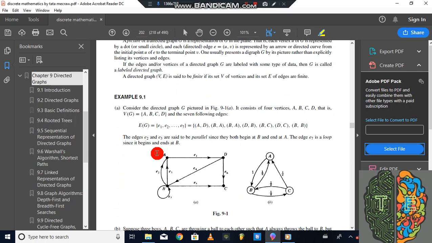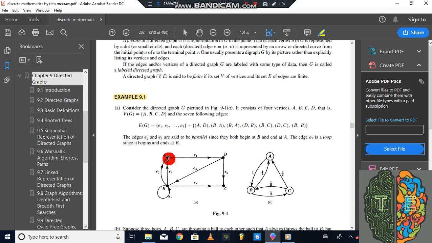Here you can see one example. This is the graph with four nodes A, B, C, D. This is the problem. G has vertices A, B, C, D and the following 7 edges. These are the ordered pairs.